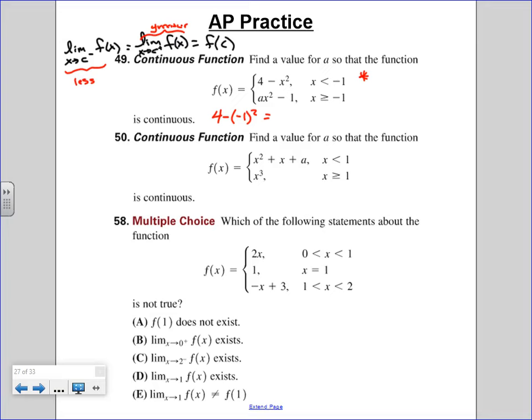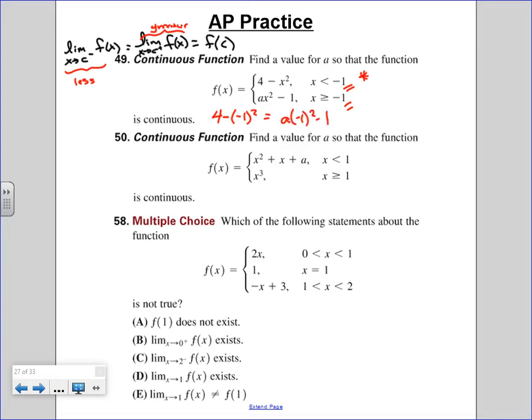So if they're both good on their own, what's going to be the only trouble spot? How they come together, whether they do come together, whether they don't. We're trying to make them come together at the same point. And where they come together is at negative 1. So in essence, we're coming towards negative 1 from below, from less than, taking the limit. So plug it in, check. Go towards negative 1 from above, plug it in.